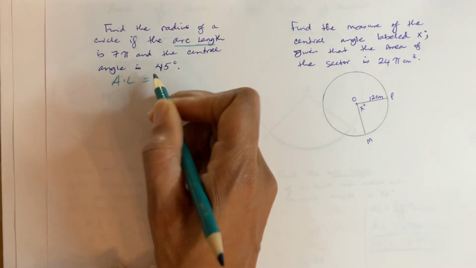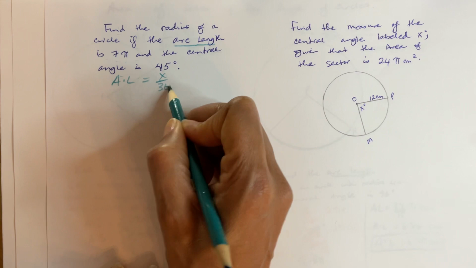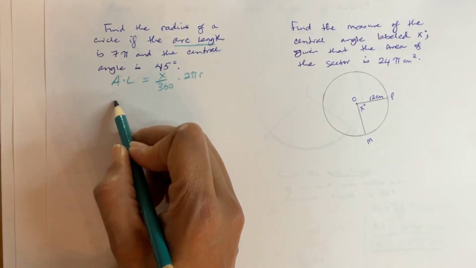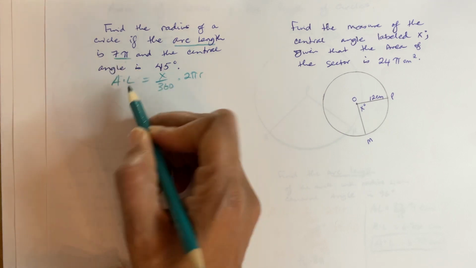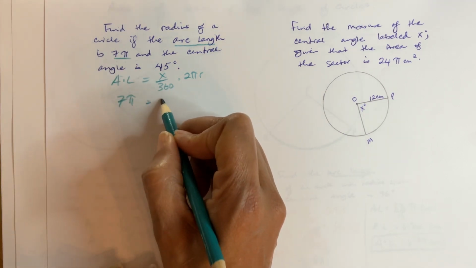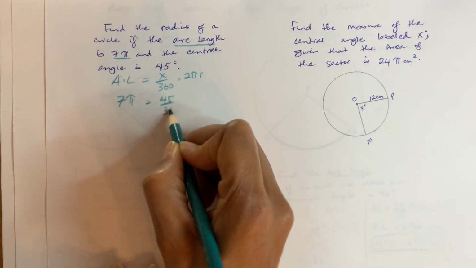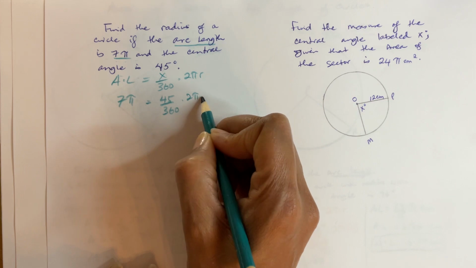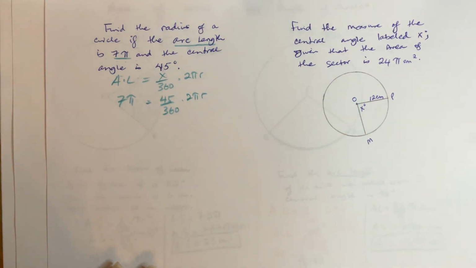Arc length is equal to x over 360 times 2 pi r. AL is 7 pi, equal to 45 over 360 times 2 pi r. We don't know r, because we're going to find the radius. That's what we're finding now.